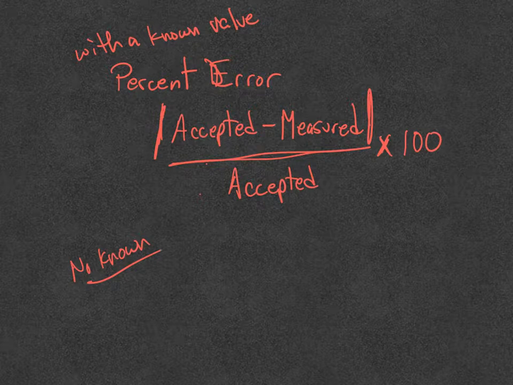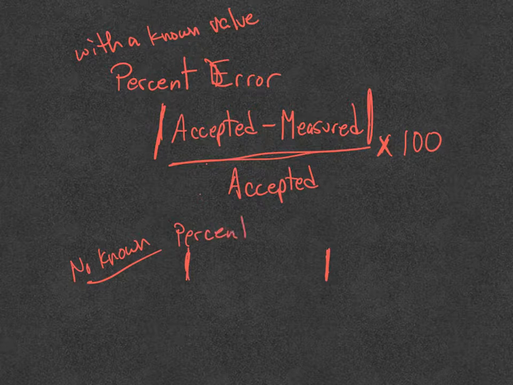So we might measure inertial mass and gravitational mass, and those are terms we'll talk about later in the year. For no known value, where we have two different measurements from two different ways, we're going to find what's called the percent difference.